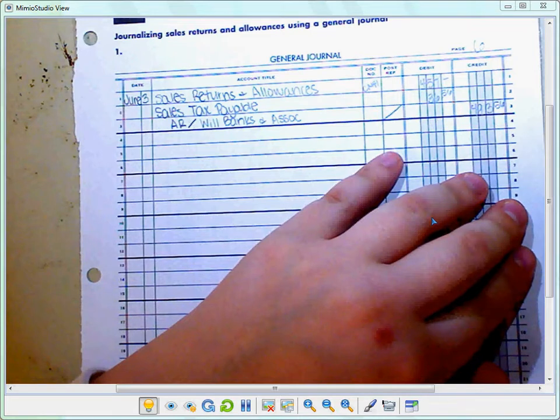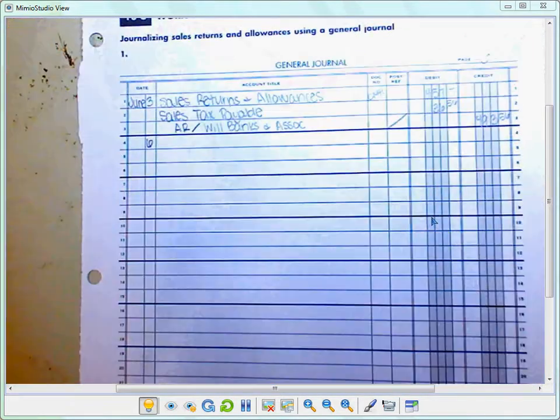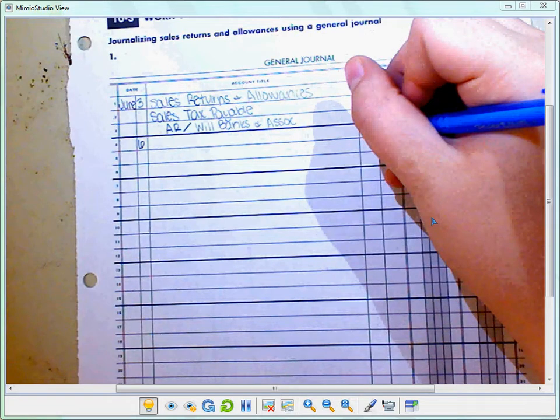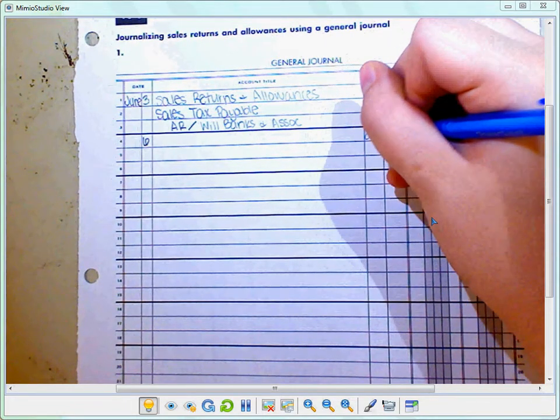Okay, then our next transaction, June 6th, we granted credit to Westfall High School for damaged merchandise, $67. Since they're a school, once again, they're not paying sales tax, CM42. So our date's the 6th. And so it's going to be pretty much identical to what we just did without the sales tax.